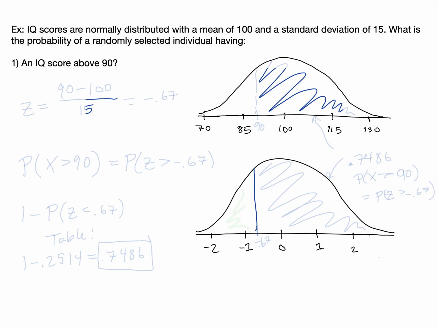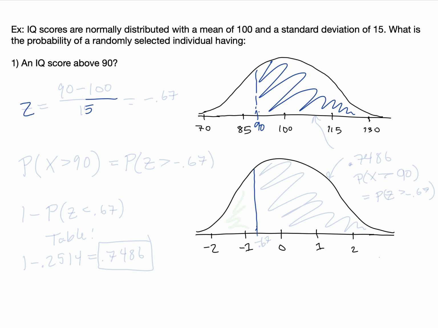All right, for the first example, an IQ score above 90. Here's 90 on our normal distribution with a mean of 100 and a standard deviation of 15. And we're looking for the probability of an IQ score above 90. So we're looking for this shaded region. Whatever z-score corresponds to that, we're going to look for that probability on the standard normal.